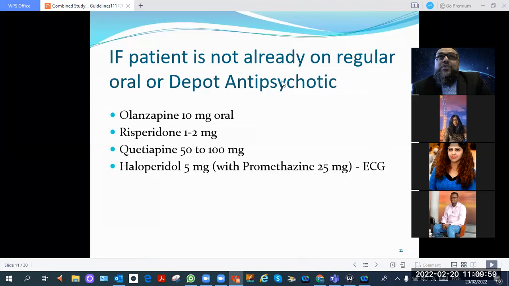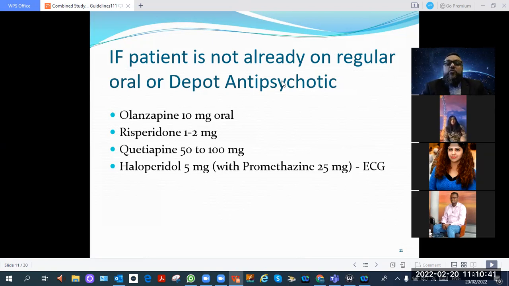First of all, we should go with the verbal de-escalation techniques, then maybe oral if time permits, and if the situation is relatively less risky, and the patient is already on almost maximum doses of antipsychotics, then go with oral promethazine or lorazepam. Or if the patient is on very small doses of antipsychotic, then maybe go for oral antipsychotics. Do not jump for injectable at this stage. So give quetiapine 50 to 100 milligrams as oral even.